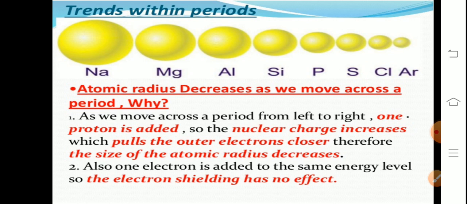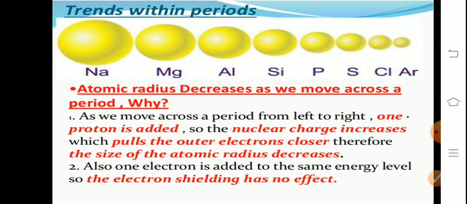Next, how it varies in periods. Let us examine this example. These are the sizes of the atoms sodium, magnesium, aluminium, silicon, phosphorus, sulfur, chlorine and argon. These are the elements in a period.